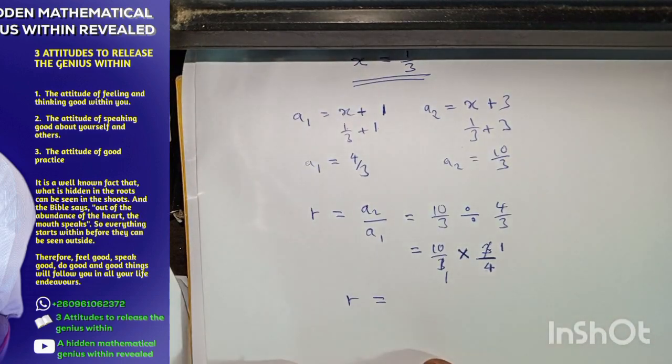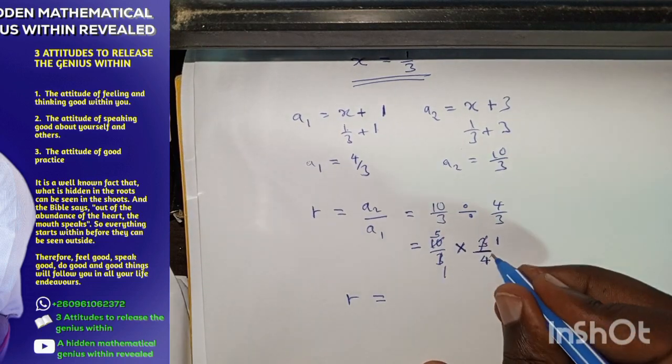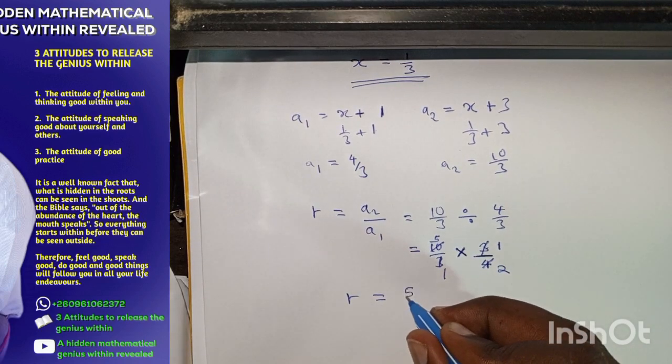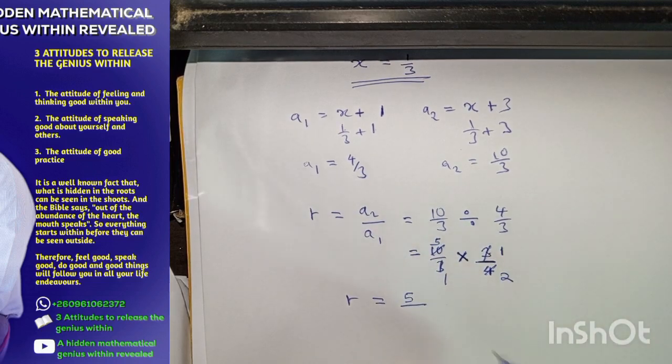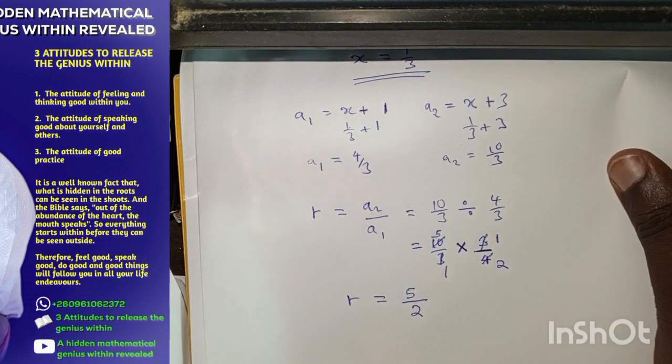The highest common factor of 10 and 4 is 2. 2 in 10 is 5, 2 in 4 is 2. So we have 5 multiplied by 1, that is 5, over 1 multiplied by 2, that is 2.